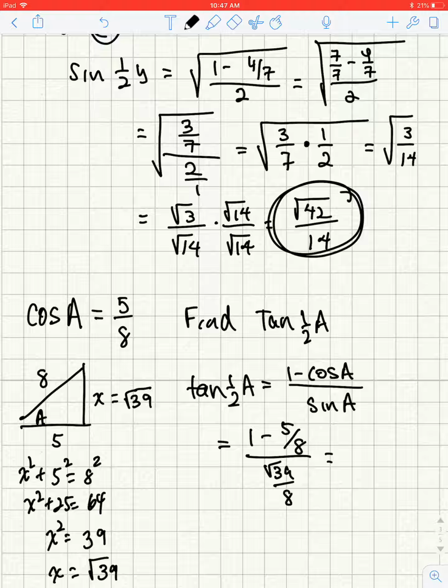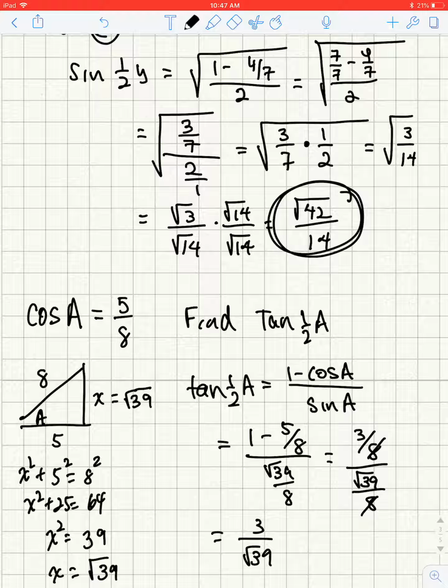So again, take your time, common denominator, you get 3 eighths over root 39 over 8. You could cancel out the 8s, so you have 3 over root 39.